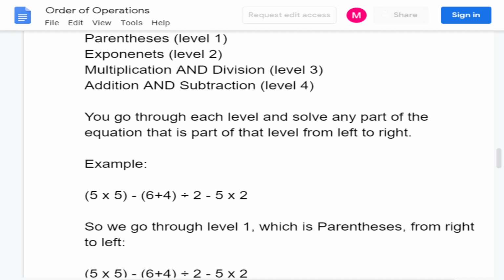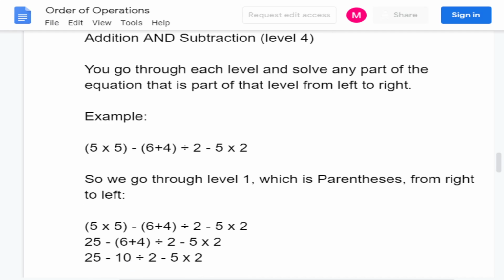left to right. So, for example, this is quite a long expression, but this will be a good example of how to do this. First, it's 5 times 5 minus, in parentheses, 6 plus 4, in parentheses, divided by 2 minus 5 times 2.